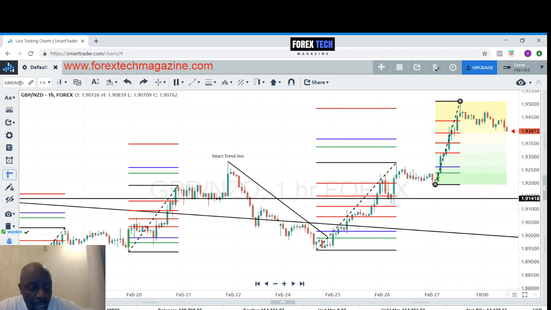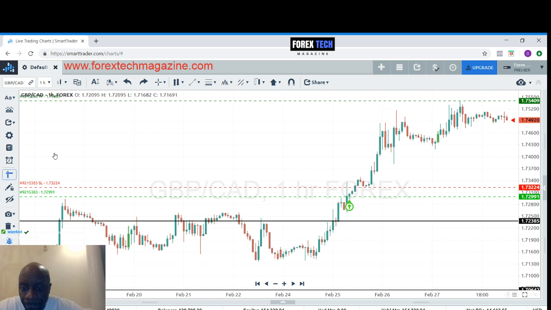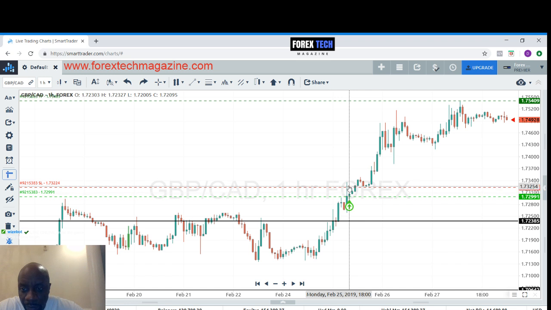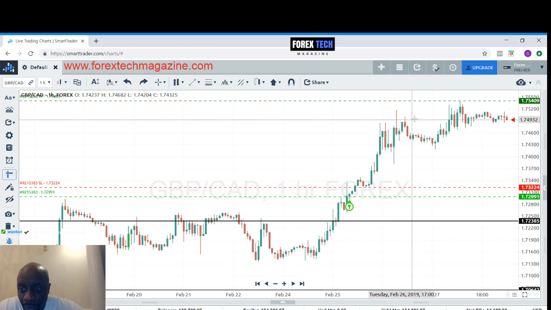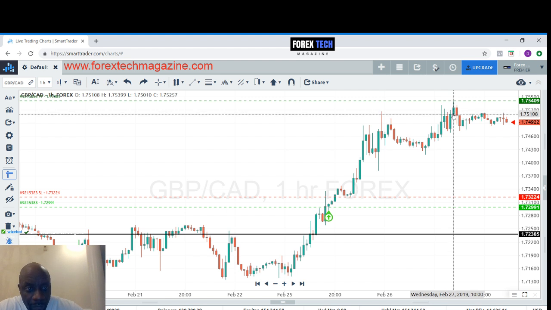So where are we at now? We have one last one, which is the Great Britain Pound, Canadian dollar. Boom, this is where we're at right now, and as you can see, this is where we got in. We pushed our stop loss up, so we have a risk-free trade. All right, price came within mere inches of our take profit.